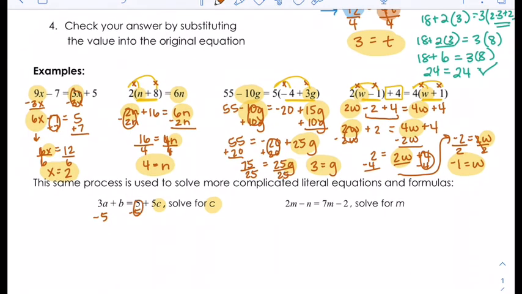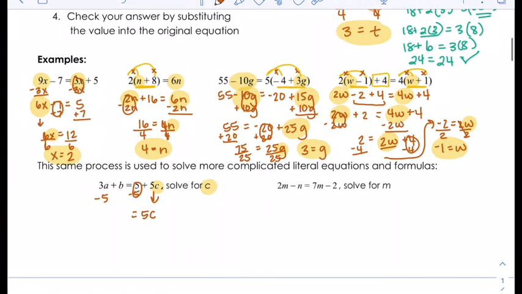5 minus 5 on this side gives me 0, leaving me with 5c equals, now 3a plus b, and then a minus 5. None of those are like terms, so I'm just going to keep them as is. So I'm going to have 3a plus b minus 5. Finally, to get the c all by itself, I need to divide by 5. 5 divided by 5 is 1, leaving me with c equals, and I need to divide this entire side by 5.